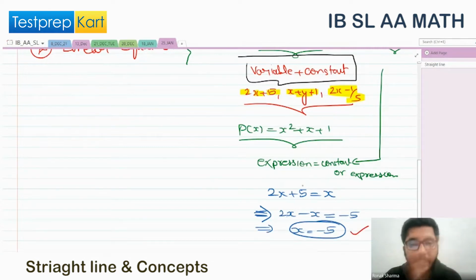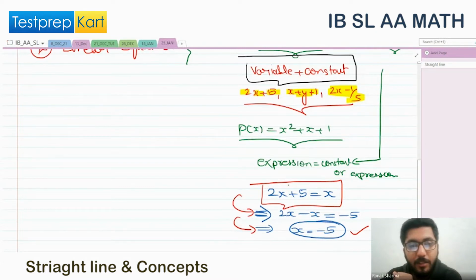Now, when I gave you this thing, the first thing that came to your mind was that I have to solve it for the value of x, right? So that is what an equation is doing. That equation is a question to you: tell us the value of x for which this equation is satisfied. So you start solving it and you got x equal to minus 5. So an equation will have a particular value of the variable after solving it out. Getting the point? But it was not the same thing with the expression.